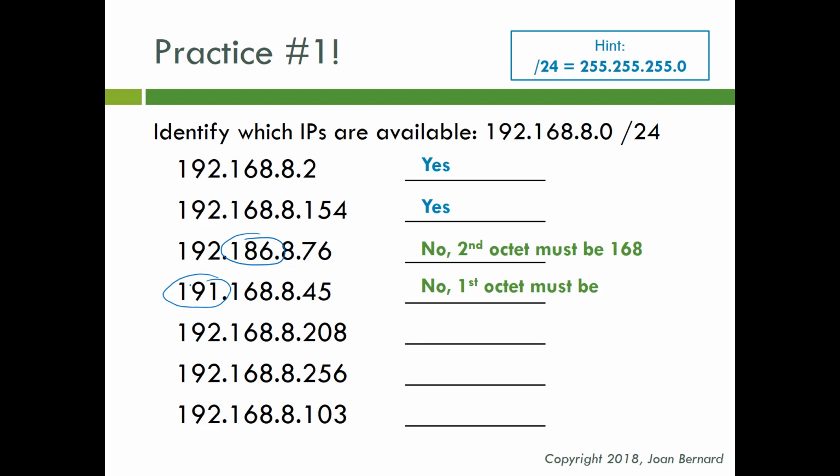The next IP address is in the network. The one after is not. Why? Because you cannot have a number greater than 255. Remember? The value 256 doesn't make any sense in an IP address. Okay, agreed. That one was a little tricky. The last IP address is in the network.